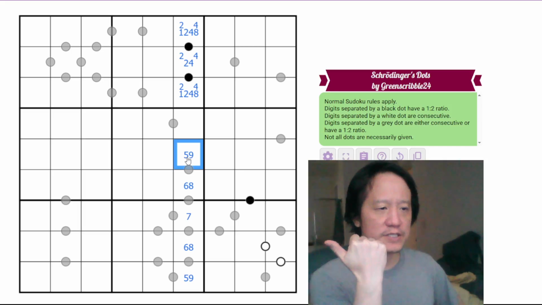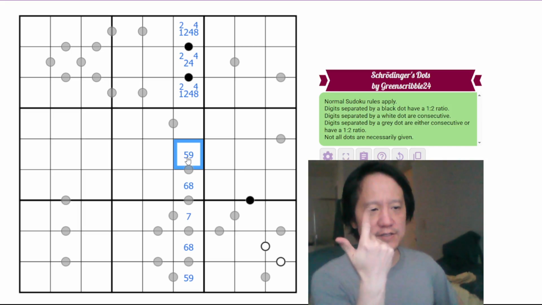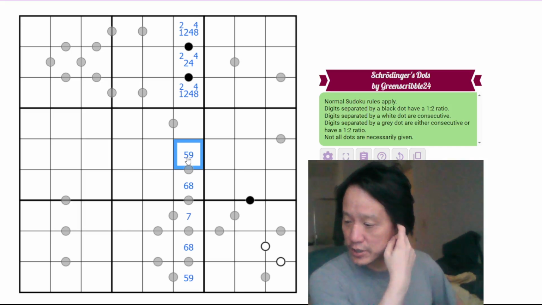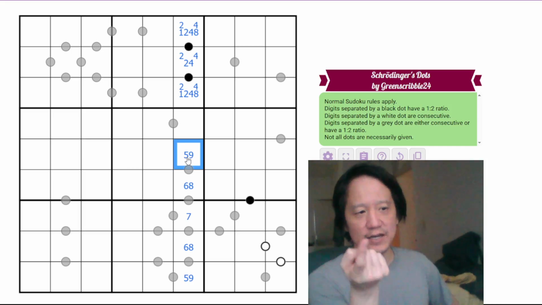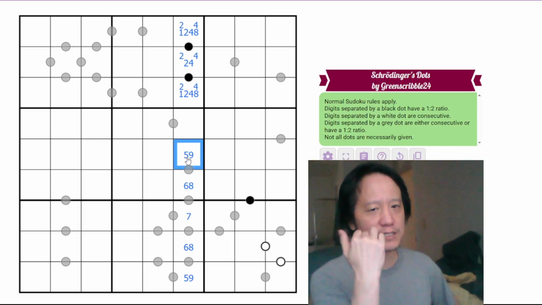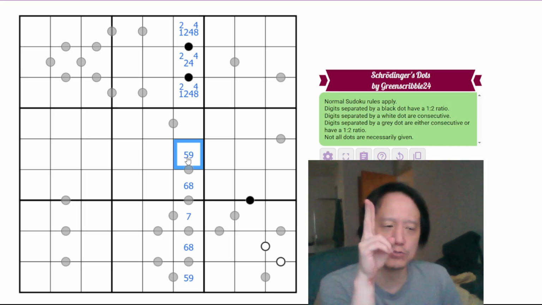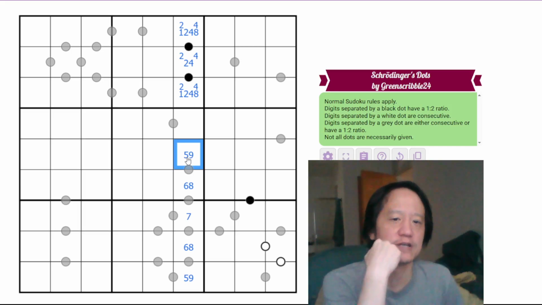And if it's 3 and 6 as the 1 to 2 ratio pair, it has to go 3, 6, and then it has to be 7, 8, 9. Right? Because the rest of the digits must be consecutive because there's no other 1 to 2 ratio you can have in column 6.